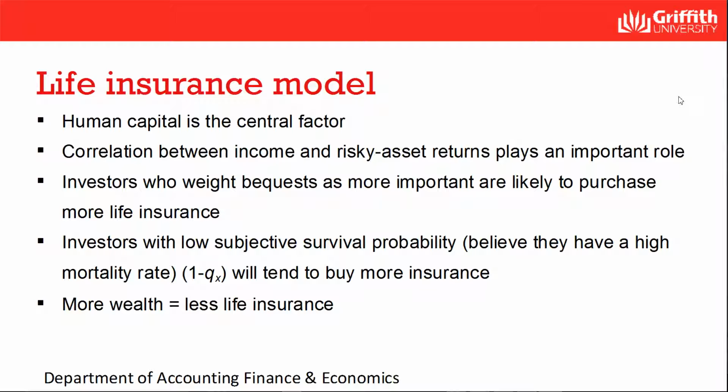So the utility of being alive and the utility of being dead are utility functions associated with the alive and dead states. So the life insurance model shows that human capital is the central factor.